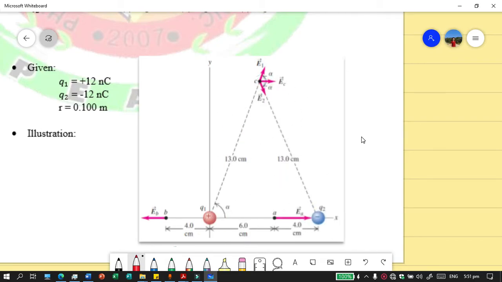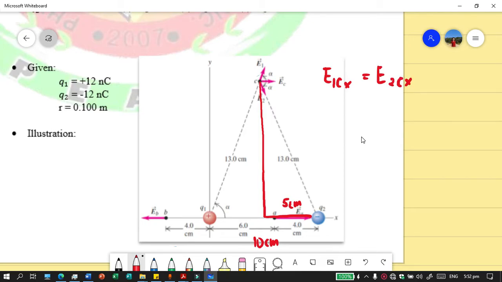So, kung titingnan natin dito, this is symmetric. Hati natin to into two parts. So, if we try to add this one, this is 10 centimeter. Okay? So, ibig sabihin, yung part dito, this is 5 cm. And this one is, obviously, that is 13 centimeter. So, kung hahanapin natin yung value ng E1CX, equal yung value niyan sa E2CX.